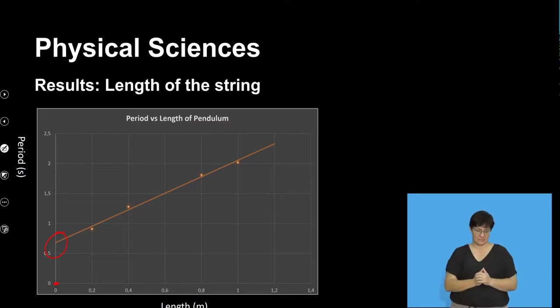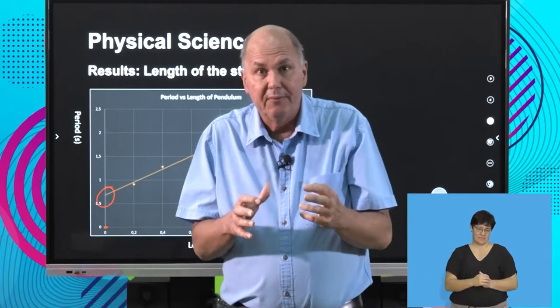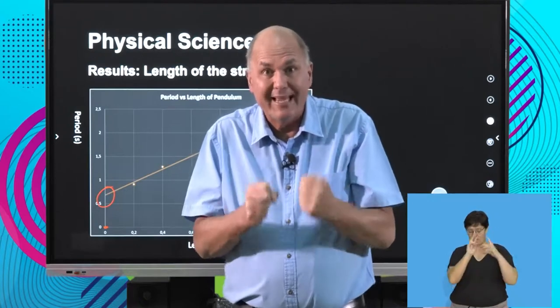In fact, if we made it longer, we would find the points actually begin to flatten out. It doesn't carry on the trend line shown there. It actually flattens out. And so we can recognize that there are all sorts of relationships, and we need to explore them, but we have to depend on data to do that.